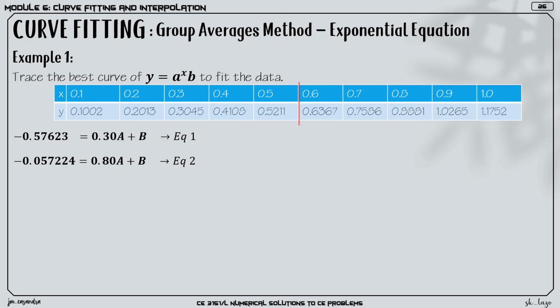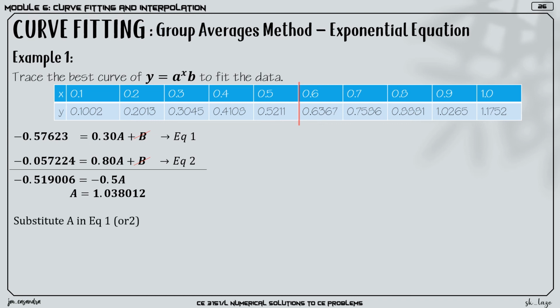We eliminate b by subtraction. So we arrive at negative 0.519006 equal to negative 0.5a, giving us the value of a, which is 1.038012. Substituting a in either equation 1 or equation 2, we arrive at the value of b equal to negative 0.887633.